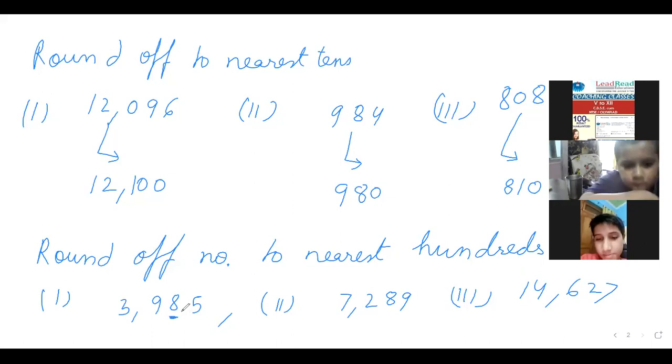If the tens place is 5 or greater than 5, then 1 will be added to the next one. Like you can see the tens place is 8. So we will be adding 1 to the hundreds place. If I add 1, then 9 plus 1 is 10. So this becomes equal to 4000.